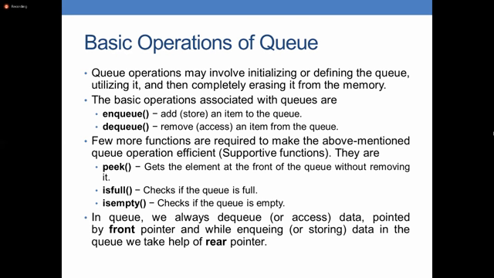Peek gets the element at the front of the queue without removing it. Another function is isFull, which checks if the queue is full. The next function is isEmpty, which checks if the queue is empty. When we consider the queue, we always dequeue or access data pointed to by the front pointer, and while enqueuing or storing data in the queue, we take help of the rear pointer.